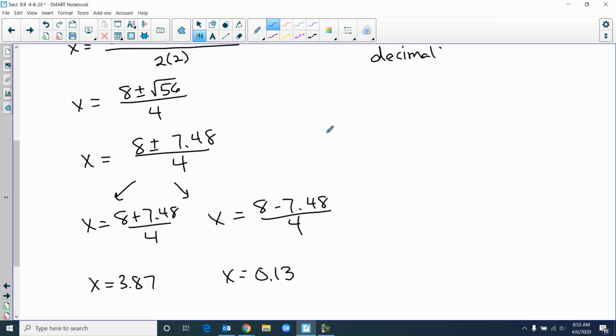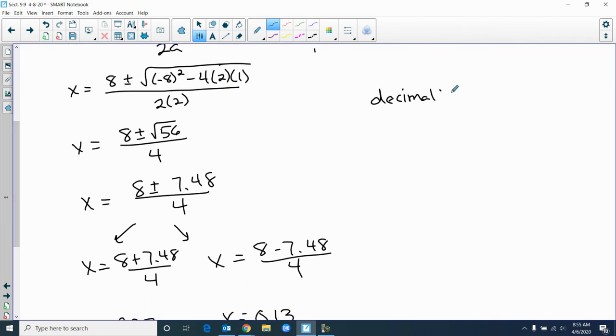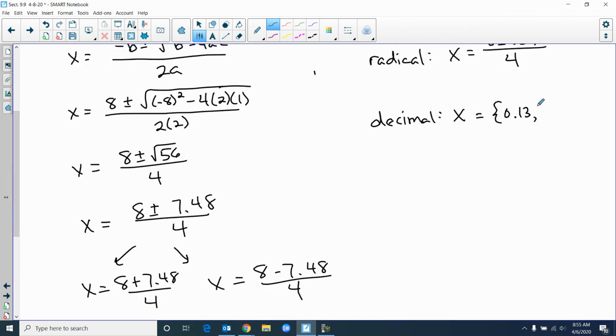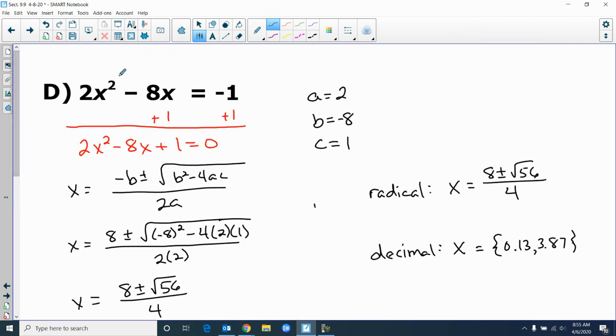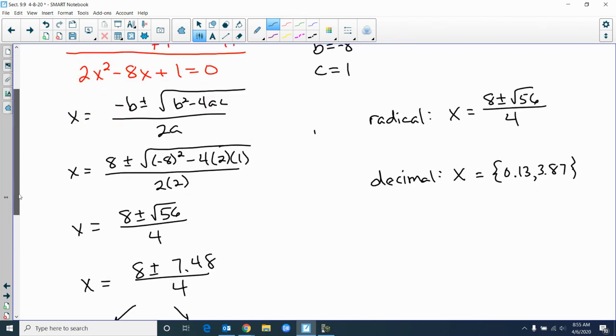Those are your decimal answers. So I go back up to here. I get x equals 0.13, and the other one was 3.87. All right, there's your quadratic formula for that.